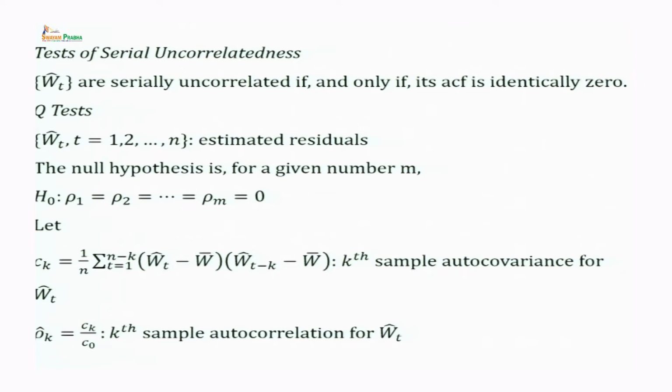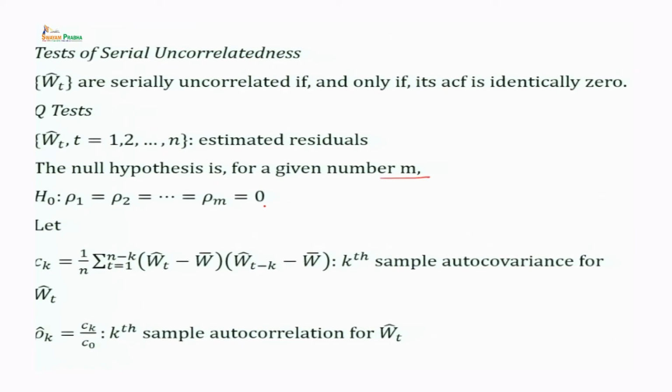So, your null hypothesis is for a given number m, which is the maximum number of autocorrelations which you are going to consider for testing the significance. So, for given m, your H naught is rho 1 equal to rho 2, so on, equal to rho m equal to 0. So, all these m autocorrelations are insignificant, equal to 0. This is the hypothesis in which you are interested.